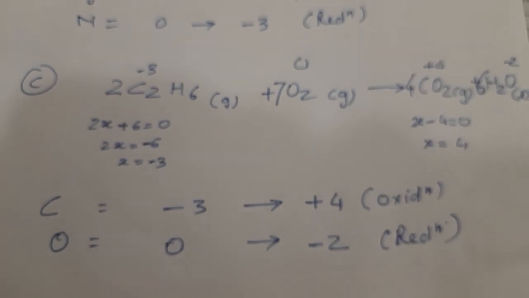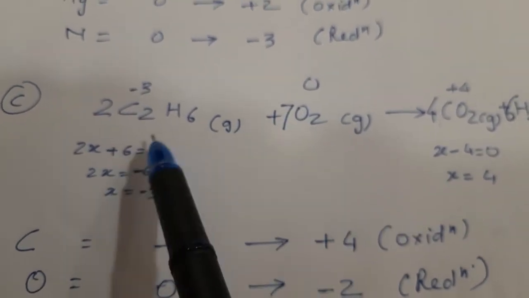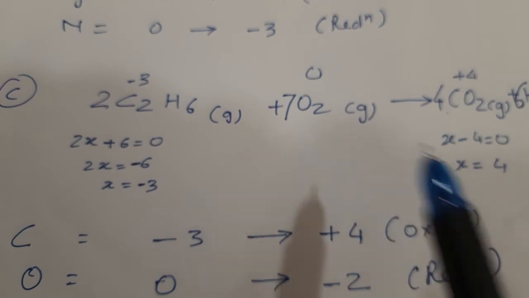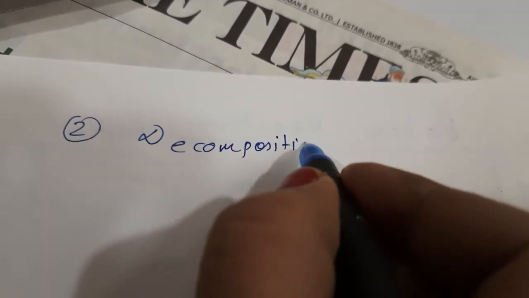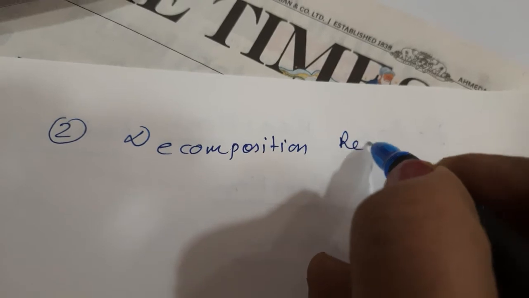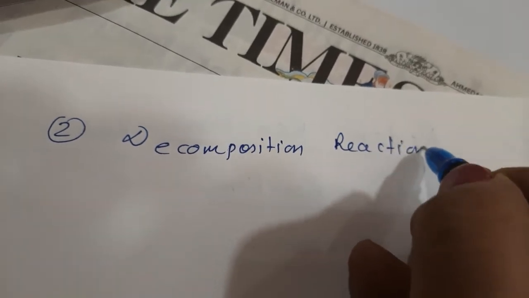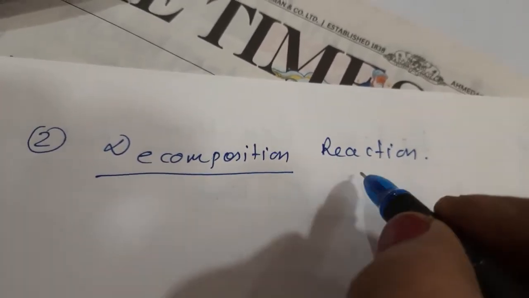The only thing to keep in mind is that either both or any one of them should be in elemental state. Correct? Then the second type of reaction will come, known as decomposition reaction. Decomposition means to break down.